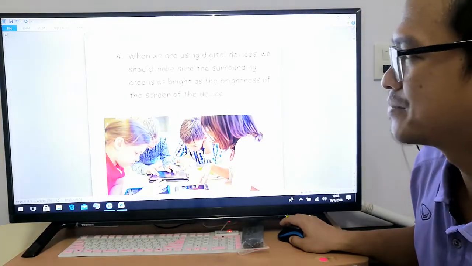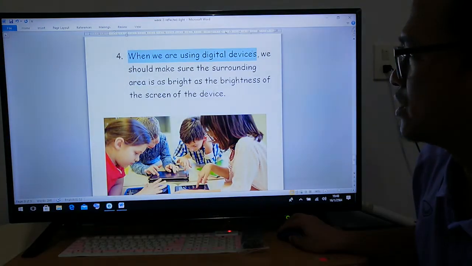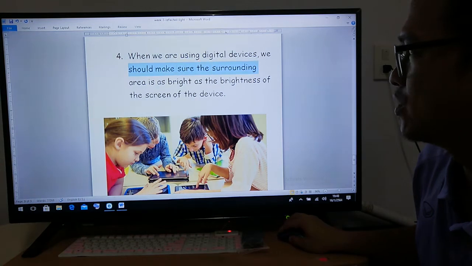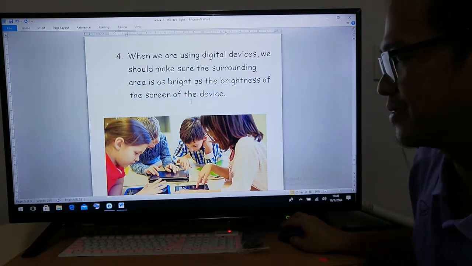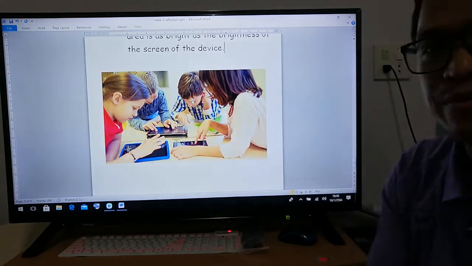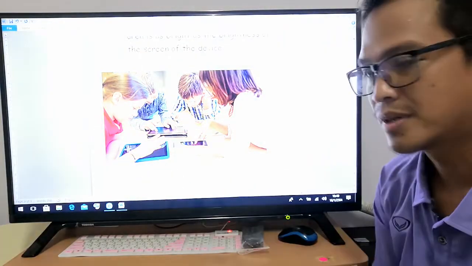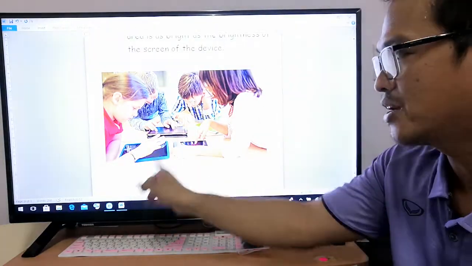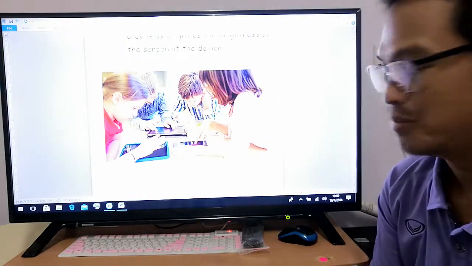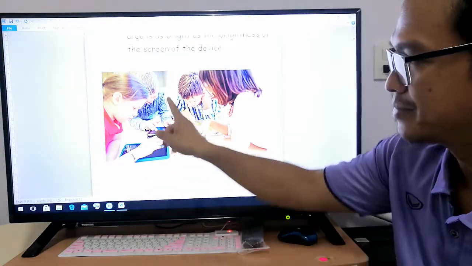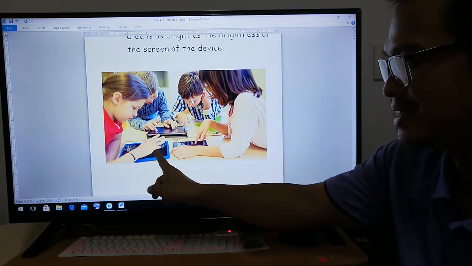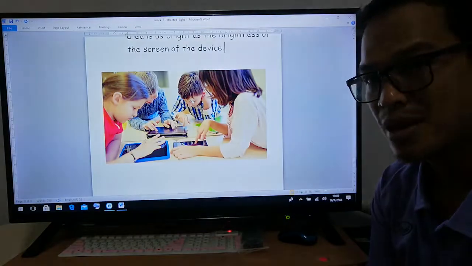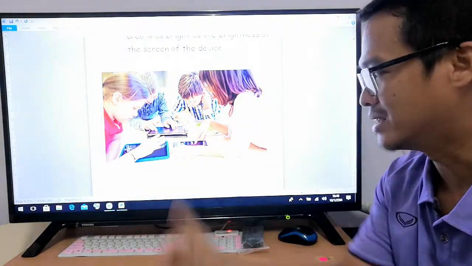And number 4, when we are using digital devices, we should make sure the surrounding area is as bright as the screen of the device. As we can see in the image, the children are using their tablets or mobile phones, but the room is well lit, almost the same brightness as the tablet or cell phone.